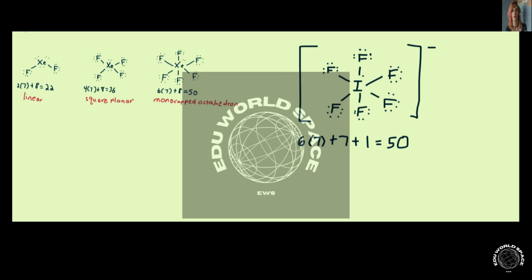So we have to put a lone pair here. So this is going to be the same structure that we see with our xenon. So this is also going to be a monocapped octahedron because you're forming 6 bonds and you have one lone pair. And you have one lone pair on your iodine.